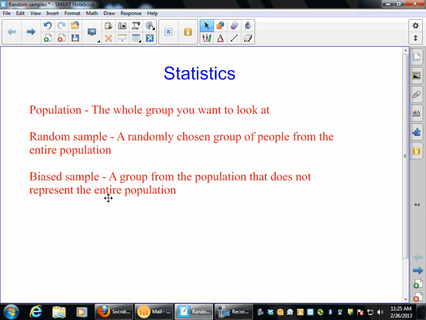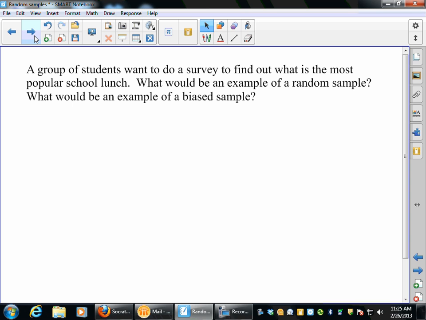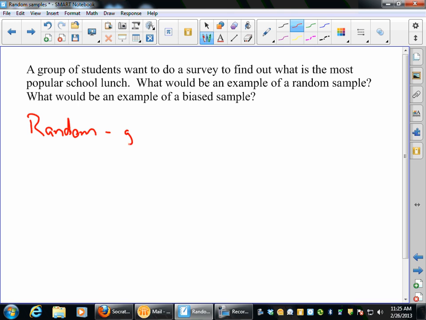Okay, so let's look at a couple of examples here. A group of students wants to do a survey to find out what's the most popular school lunch. An example of a random sample might be going to each lunch period and asking the first 10 people in line, or the first 20 people in line, out of each lunch period.